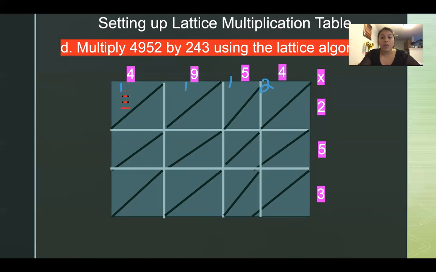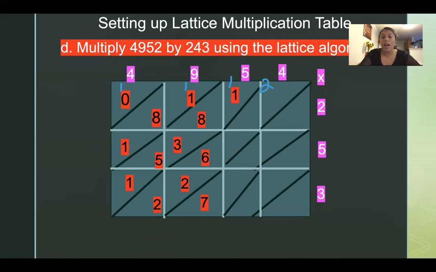With that being said, we work our problem, and we get first box, 8. 4 times 5 gives us 20, and 4 times 3 gives us 12, 4 times 9 gives us 18, 9 times 5 will give us 36, and 9 times 3, which gives us 27.